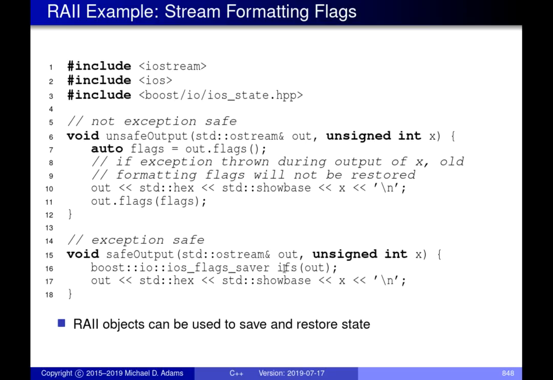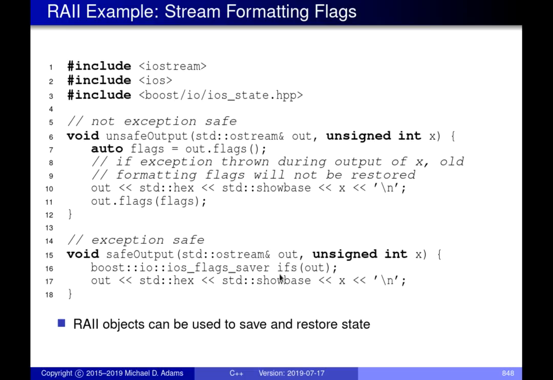All it does is look at the flags and remember what they are in a data member. And then when this object is destroyed, the destructor for this class will set the flags back to whatever it saved in the constructor. So it takes the value that's saved in a data member and sets the flags back to that value. This allows us to save and restore state.